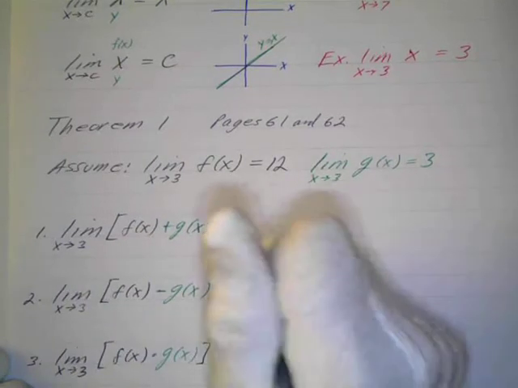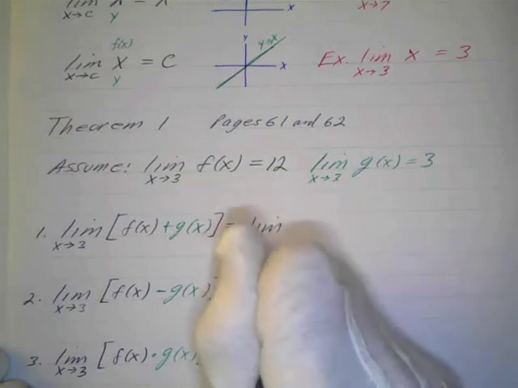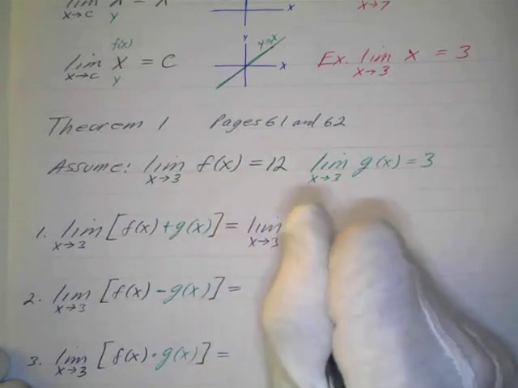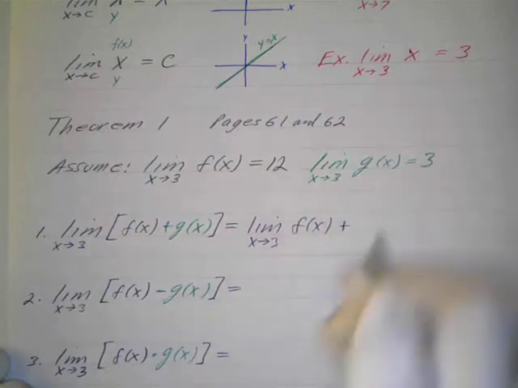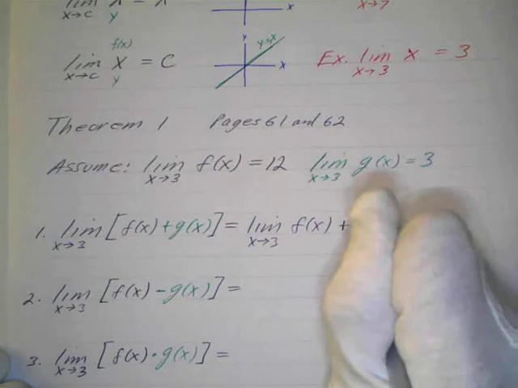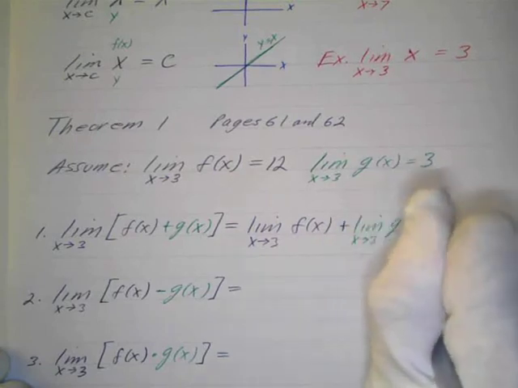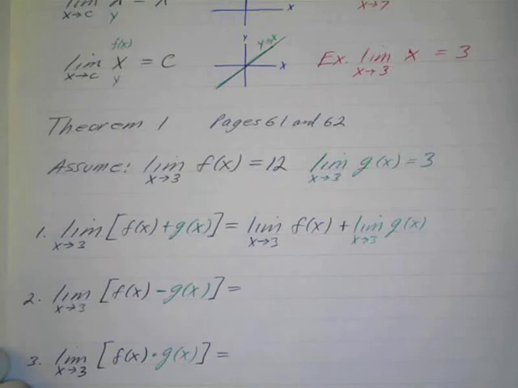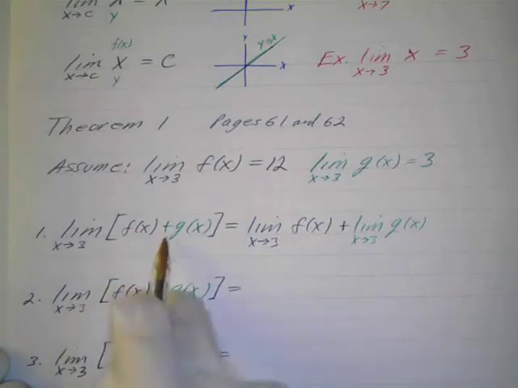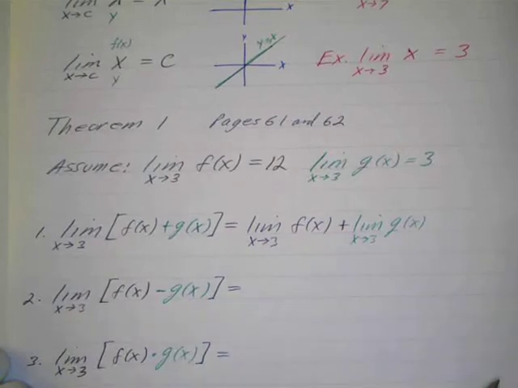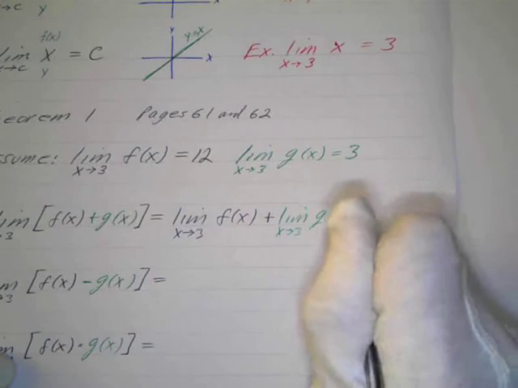So I'm going to write the sum of the limits, so it would be the limit as x approaches 3 of f of x plus the limit as x approaches 3 of g of x. So the limit of the sum is the sum of the limits. All right? We don't have to prove these, they are just properties we were given.